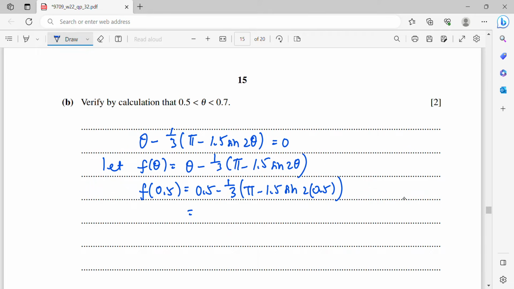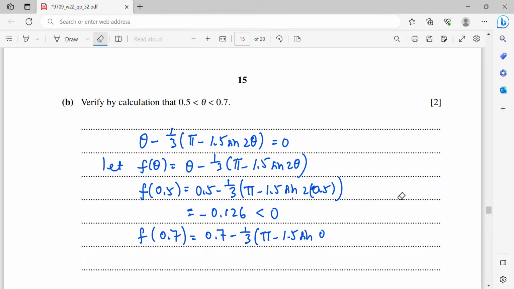Since this is sine, make sure you change the mode of the calculator to radians instead of degrees. The first value is going to be negative 0.126, and this is less than 0. Now we need to count f 0.7, that is 0.7 minus 1/3 of pi minus 1.5 sine 2 times 0.7.